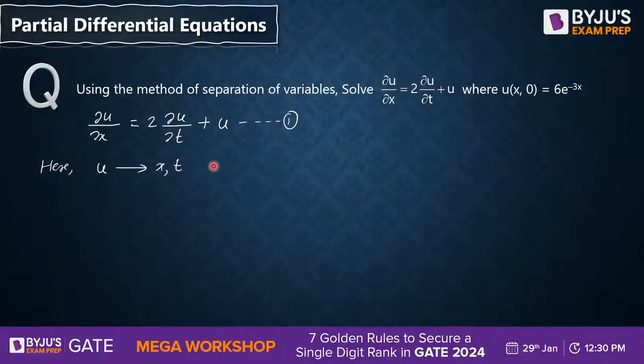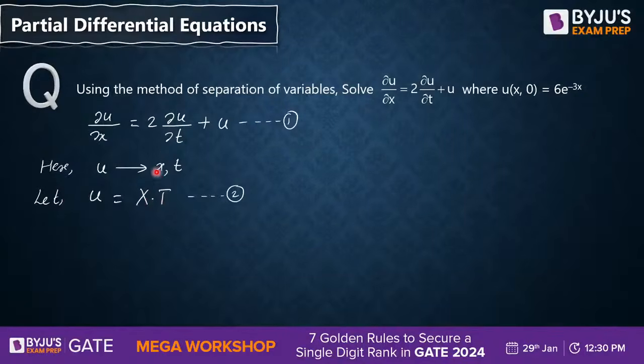So what we are doing, we are assuming u to be the product of capital X and capital T. Capital X is function of small x only and capital T is function of small t only.